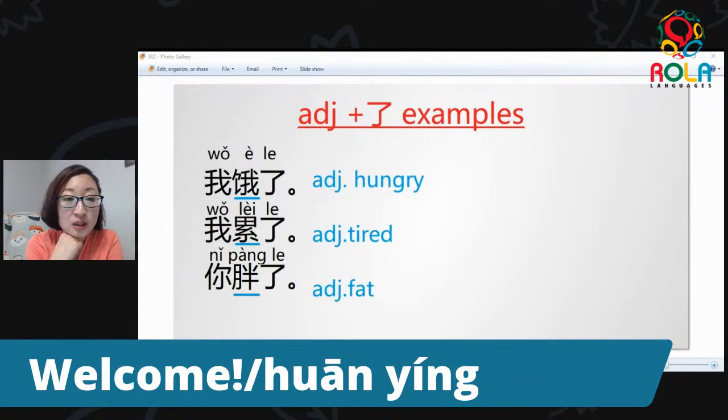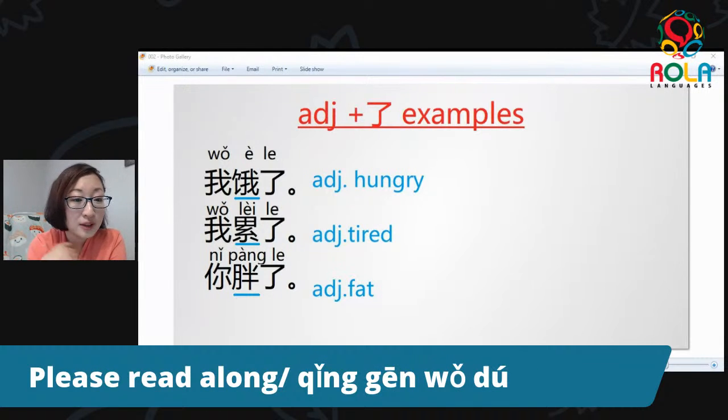So first, let's look at some examples when le is used after an adjective. First one, read after me. 我饿了，我饿了。We've learned that 饿 is an adjective. It means hungry. So what does 我饿了 mean? We will see. Next up, 我累了，我累了。累 means tired, exhausted.